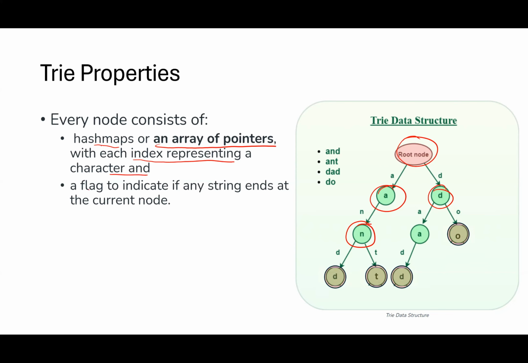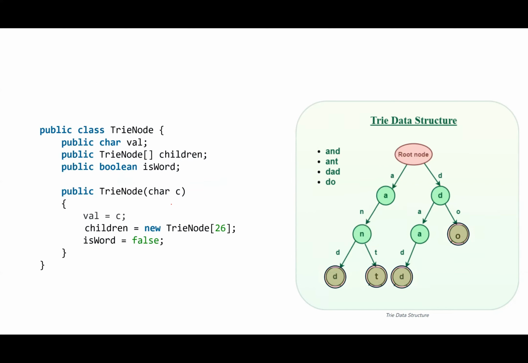And the second thing it contains is a flag to indicate if the string ends at the current node. I think to better understand this, an example would be really helpful. So this is how, if I write in Java or C#, a trie node would look like. So this is any trie node.